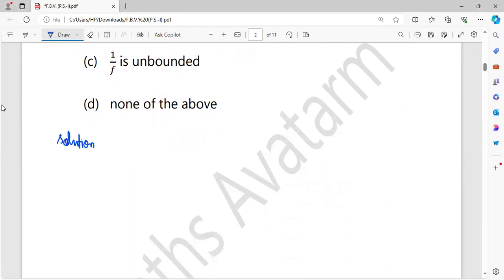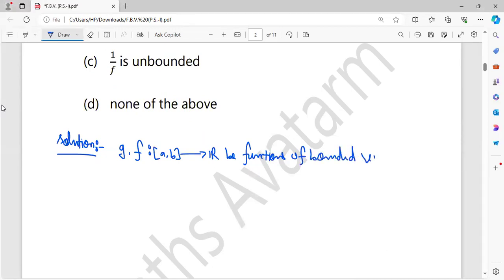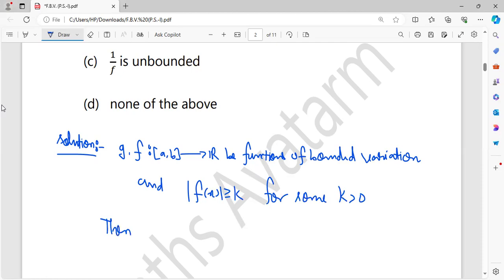Solution. I have done this: if g and f from closed interval [a, b] to R are functions of bounded variation and |f(x)| is greater than or equal to k for some k greater than 0, then g/f is also a function of bounded variation.